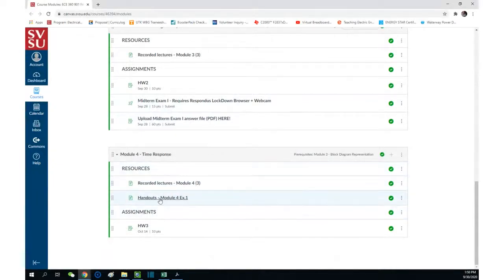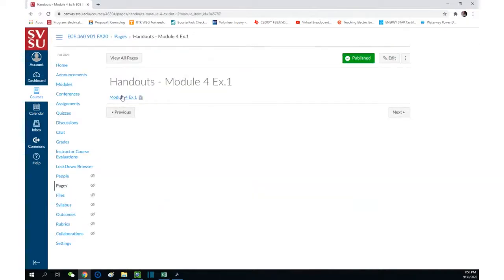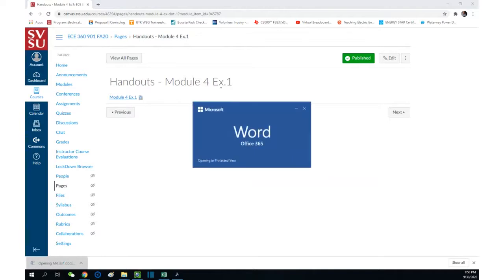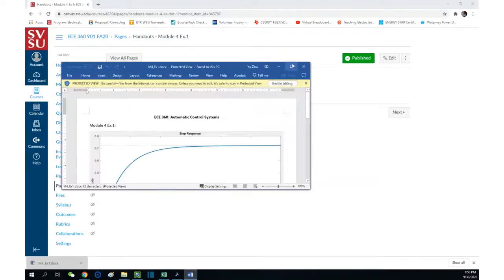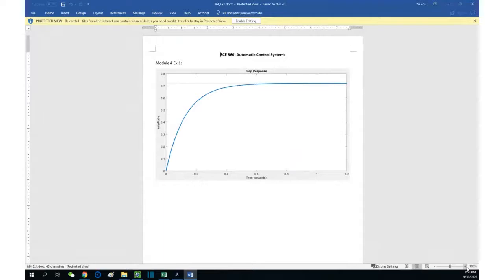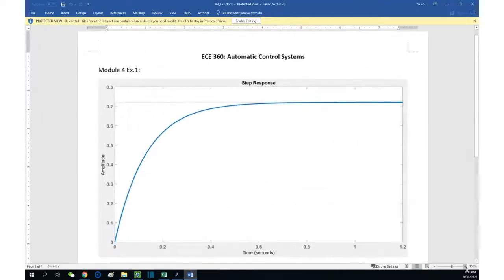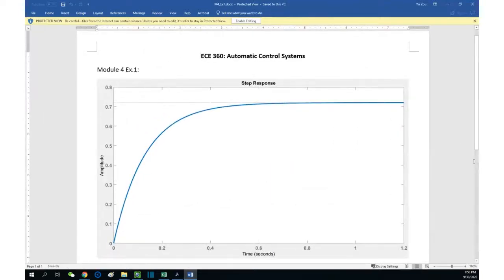Handouts, Module 4, and if you click it, you can download this graph for your own use, right? It is just like this. Module 4, example 1, the given step response, from where we can find the 3 things: steady state value, time constant, and the system transfer function. Okay.